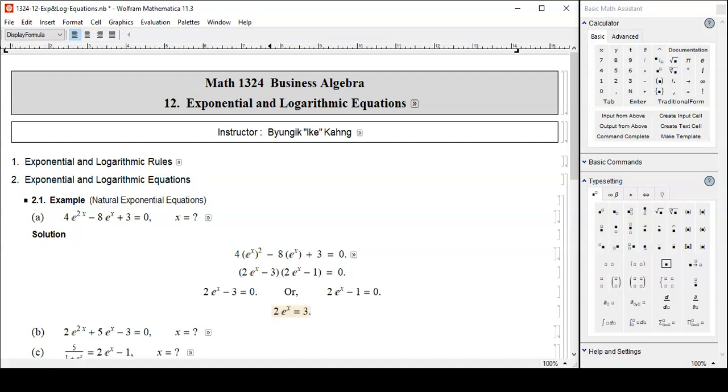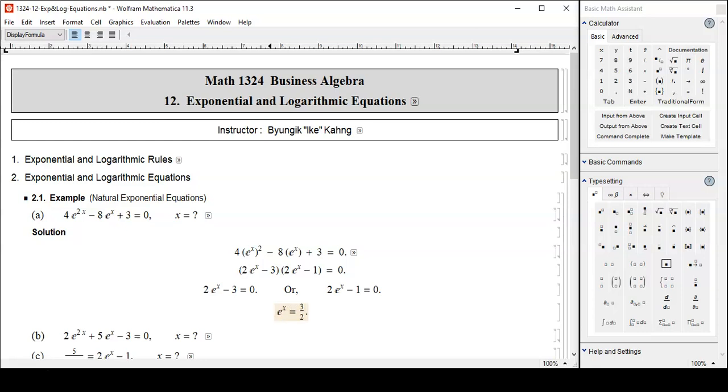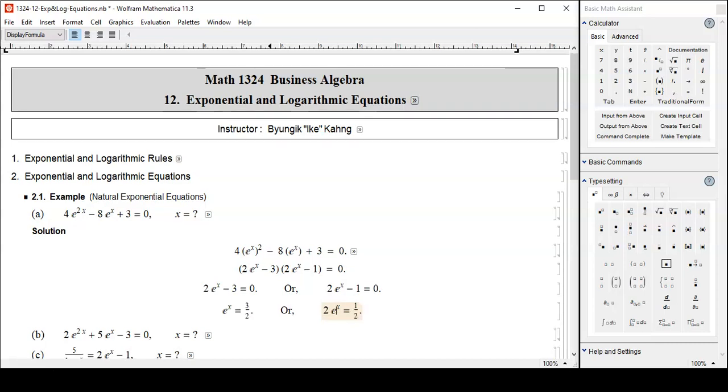In other words, e to the x power is 3 over 2 if I divide away. 2e to the x power is equal to 1. So if I divide away by 2, that's 1/2.